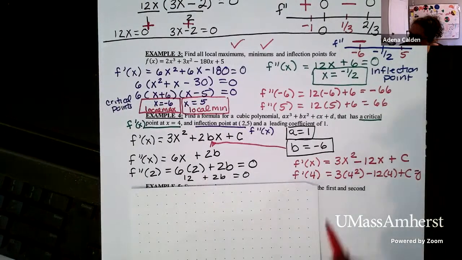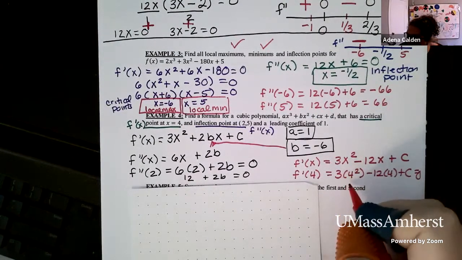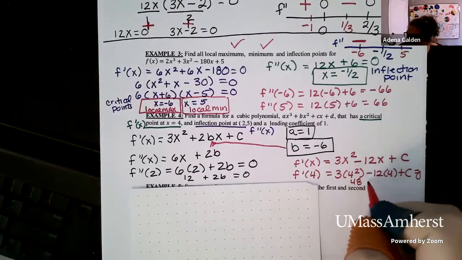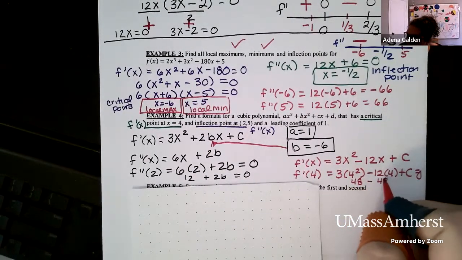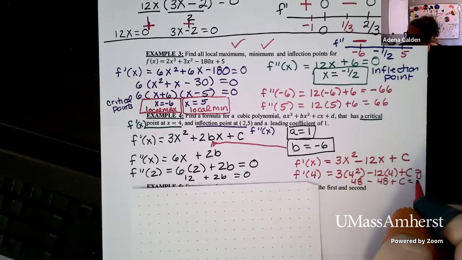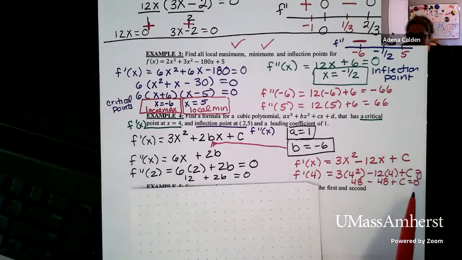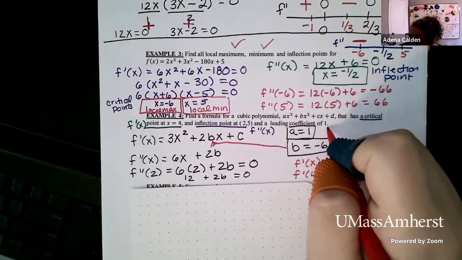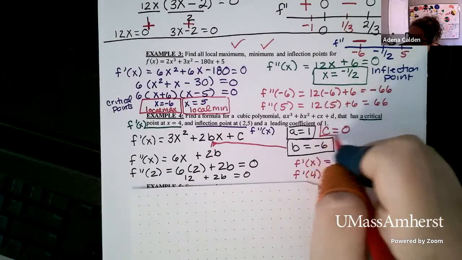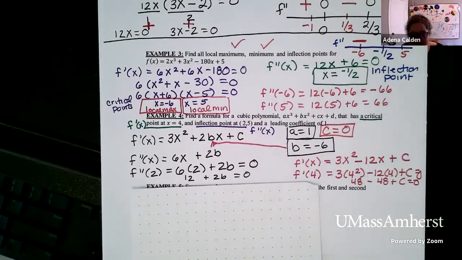Okay, so 4 squared is 16 times 3 gives me 48 minus 48 plus c equals 0. 48 minus 48 is 0. Those cancel. So I get c equals 0. Okay. So now I have a, b, and c.